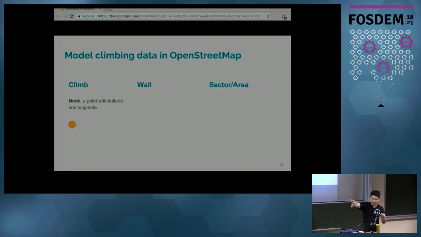It can be a challenge when the climb is very vertical, so you would have the start and the end on top of one another. So I would save that for the future. For now, it's just a single point. And then to represent a climbing wall, I use ways, which is a list of ordered nodes.